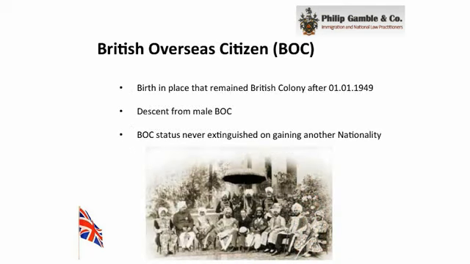A British overseas citizen is a person who was connected to a place which remained a full UK colony in the post-1949 period. Examples of this may be Kenya, Fiji, Hong Kong, and a number of other places. This particular form of UK nationality is never extinguished if the holder takes the nationality of another country.